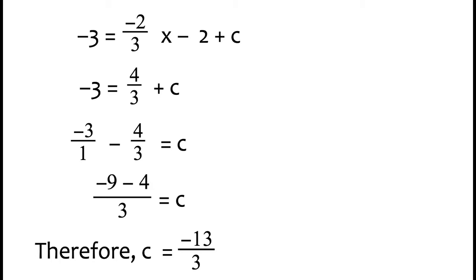Simplifying, minus 9 minus 4 gives us minus 13. In this case, our c becomes minus 13 over 3, which is the constant term.